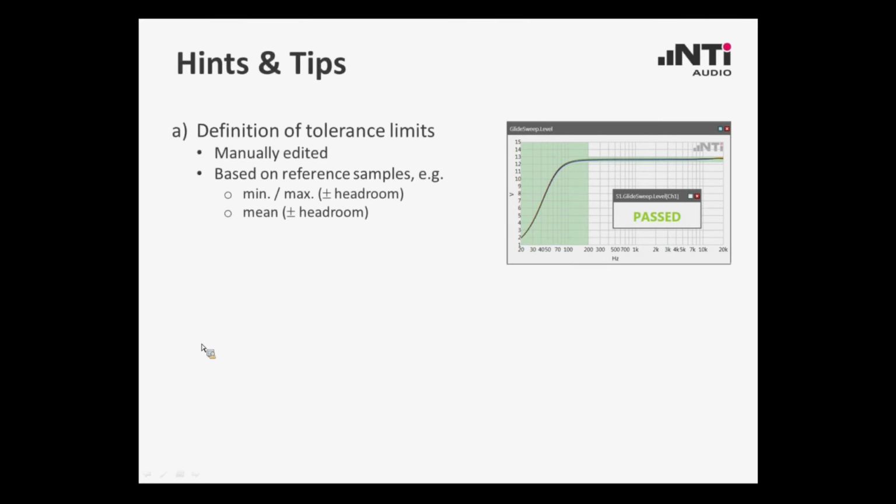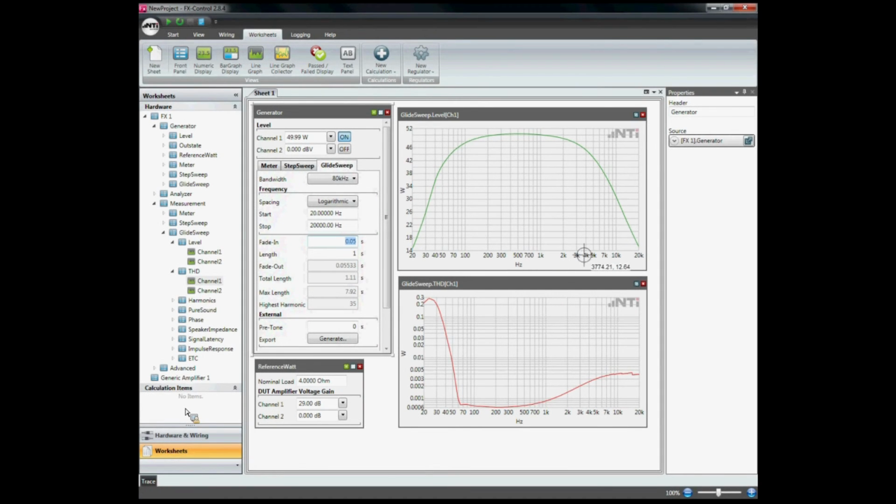Manually, by editing these tolerance limits, as I will show you, or you can also record a couple of reference samples and then apply a headroom to the minimum and maximum or to the average. This is a little bit more complex, and we have explained that in a different webinar, so you can watch it there. Today, I just want to repeat the way how to establish a manually edited tolerance limit.